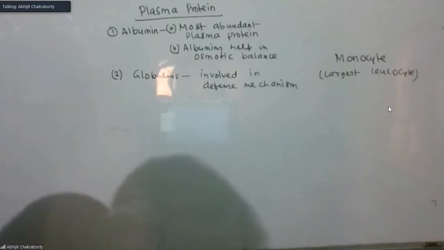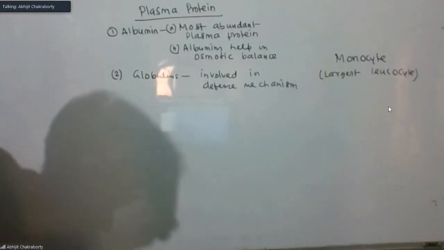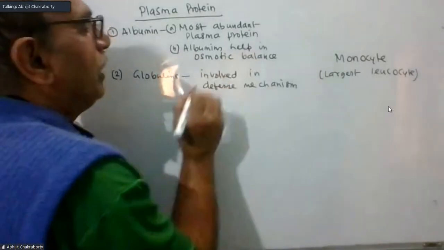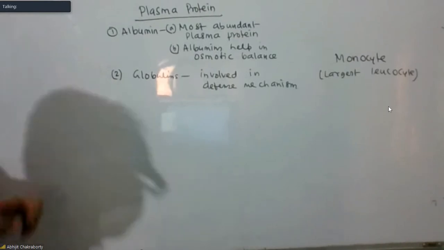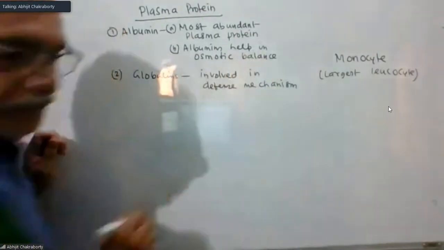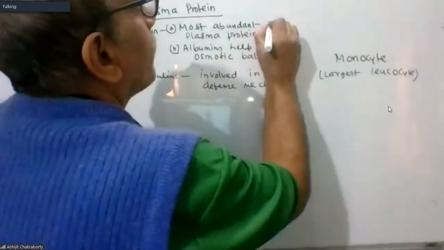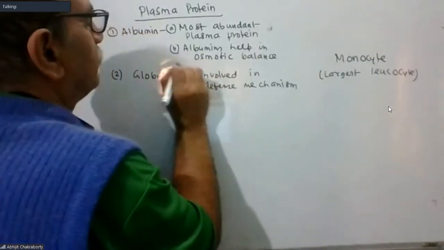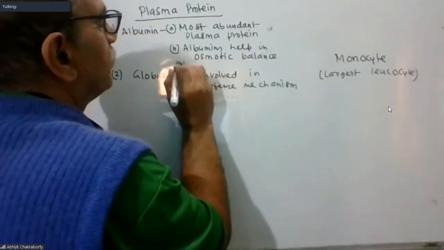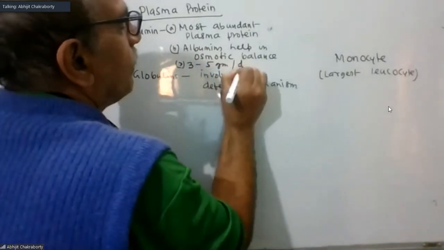Now you see, how much albumin is present? 3 to 5 gram per deciliter.